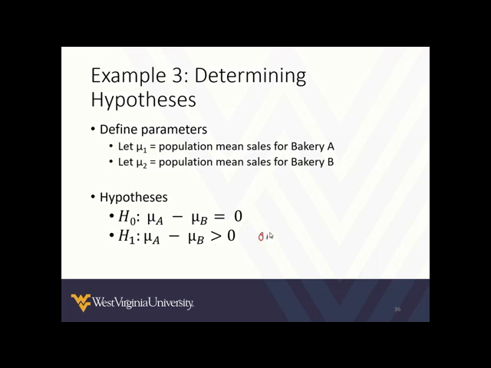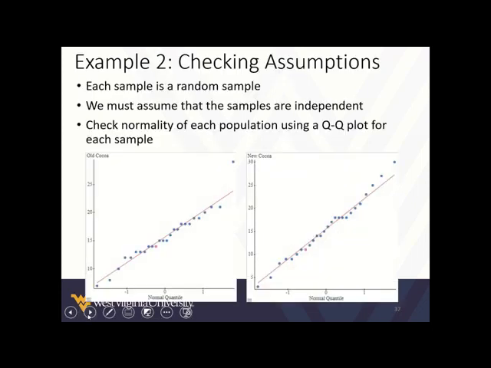You could have equally done bakery B minus bakery A is less than 0. Both are correct. Just make sure you're setting up the problem correctly based on what has been stated.